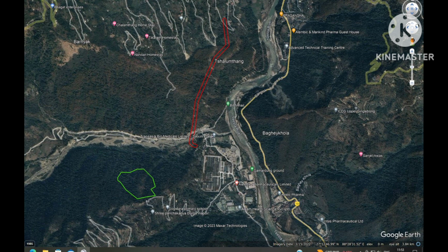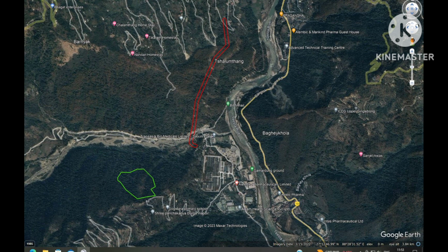We are at Samardung Reserve Forest under Namthang Territorial Division. We are here to study the diversion and to see the compensatory afforestation carried out.